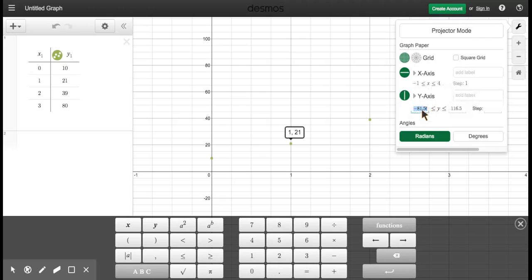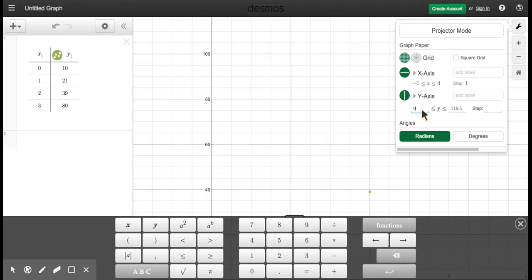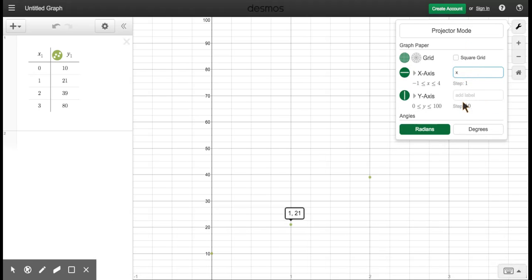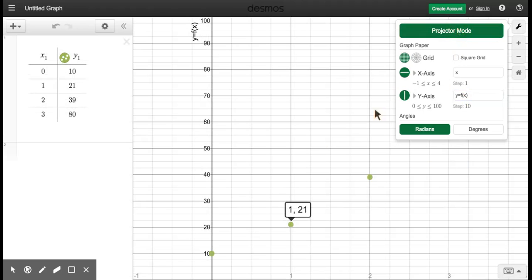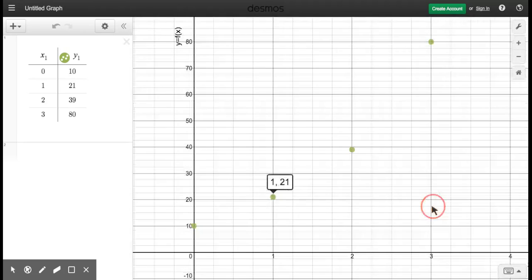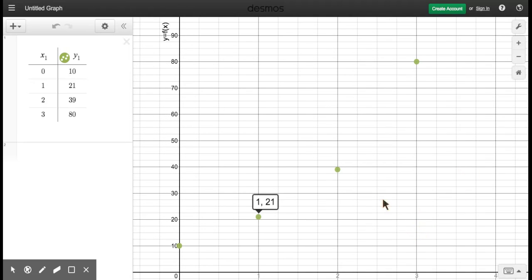On the y-axis, I can go from 0 to 100 with steps of 10, and I should put my labels as x and y equals f of x. Projector mode makes things a little bit easier to see. Now I can just put my cursor down and move things around.